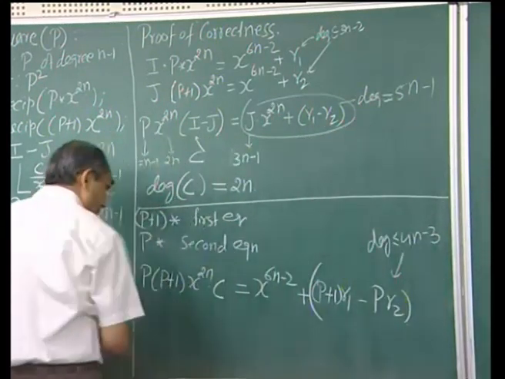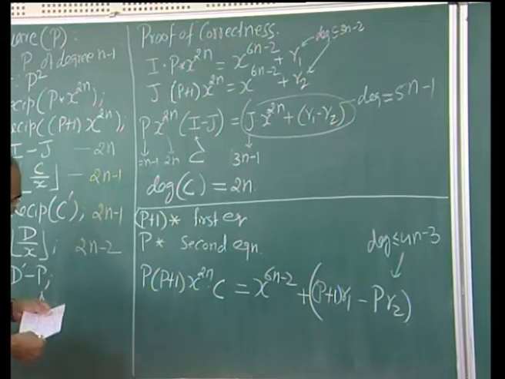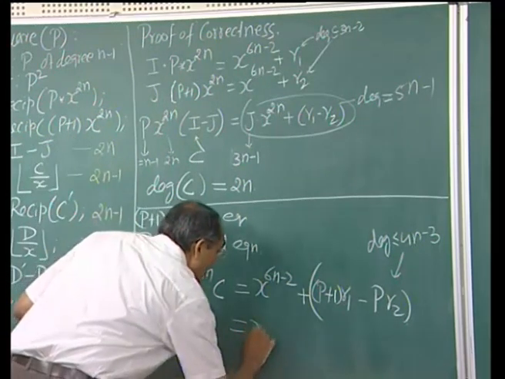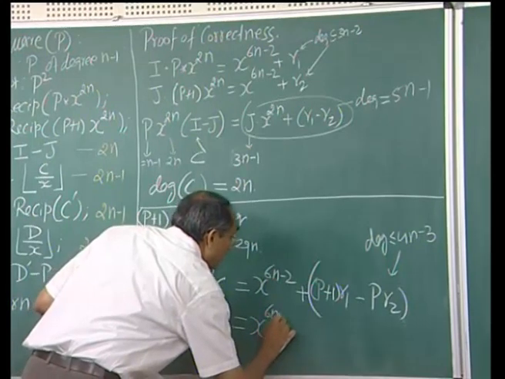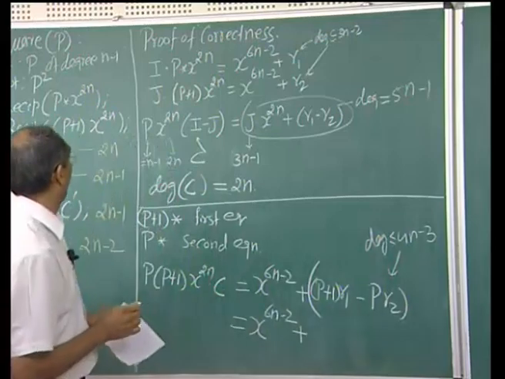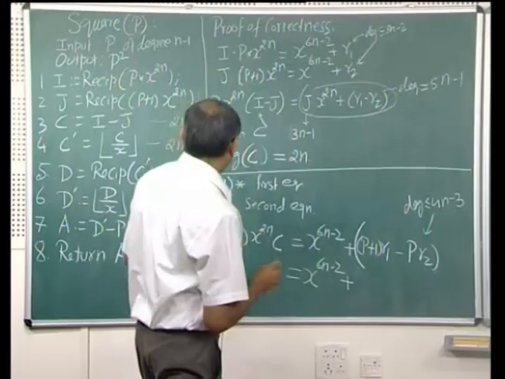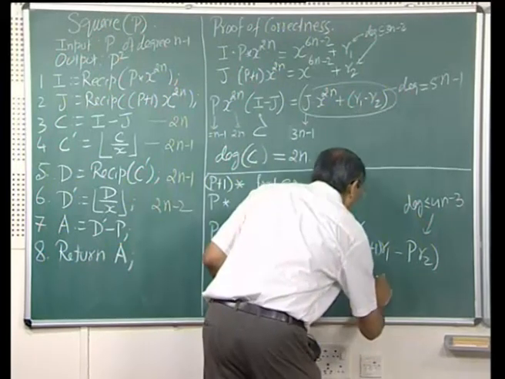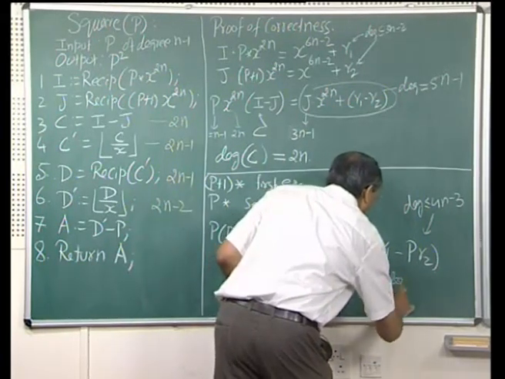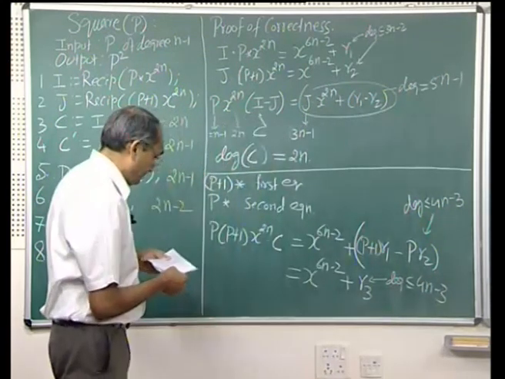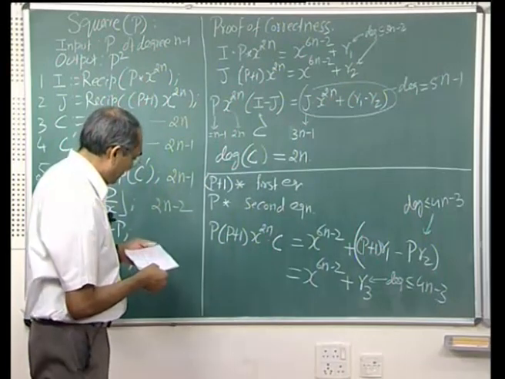So, now what I need is to show that, okay, so we can just write down this as x to the power 6n minus 2 plus, we have not used any other r. So, let us write down r3 of degree less than or equal to 4n minus 3.